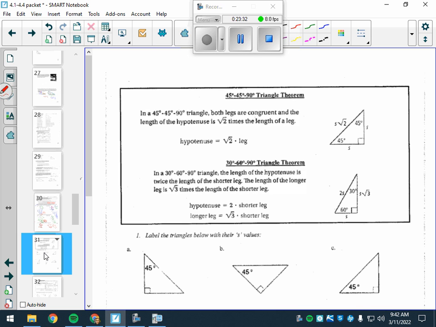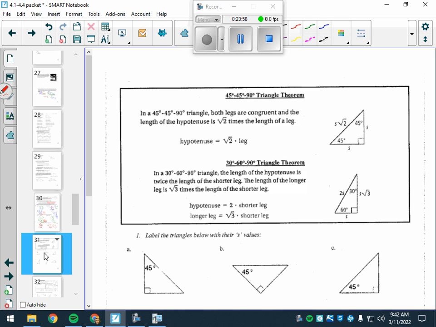In a 45, 45, 90 triangle, I want you to think about labeling these sides based on which angle the side is across from, or opposite from, right? So the two sides that are opposite from the 45s, we're going to call them S. S for side.